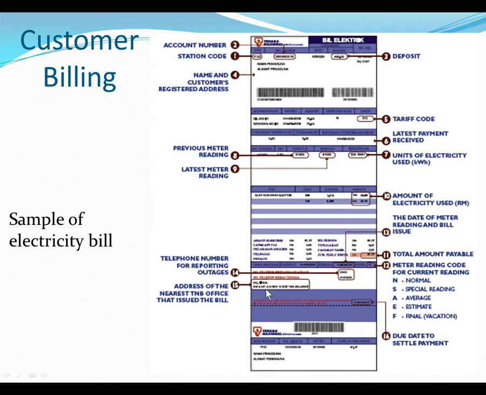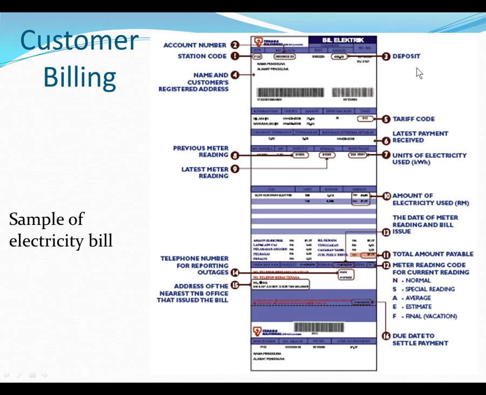Okay. This customer bill. The bills may be different right now because they already changed the outlook of the bills, but the data in the bills are almost similar. So we have account number, station code, deposit. This deposit depends on the users.